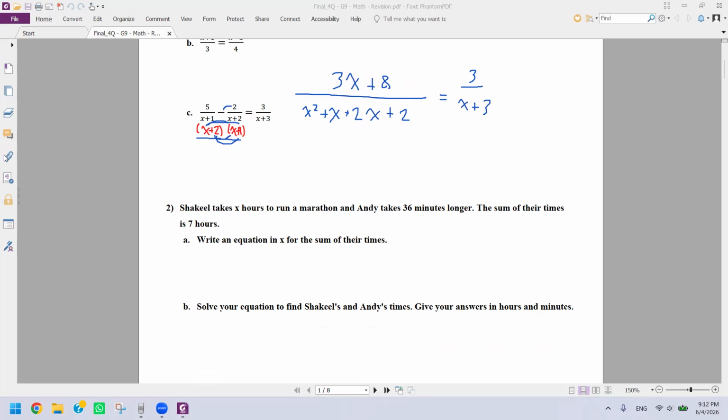Down we have x squared. There's nothing similar, so we keep it. x plus 2x will be 3x. Now I have a fraction equal to another fraction. Now we do cross multiplication.